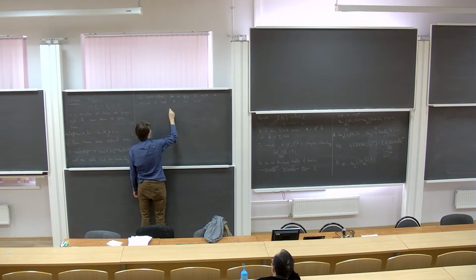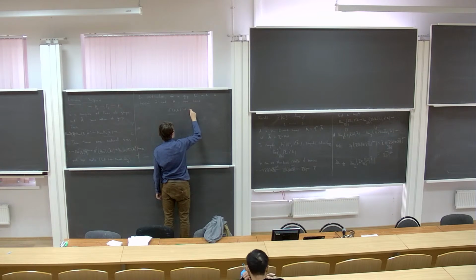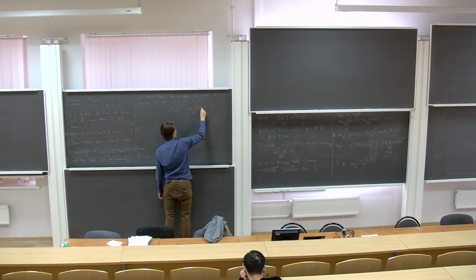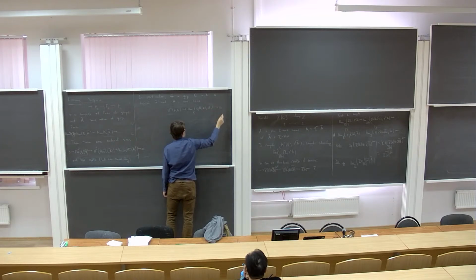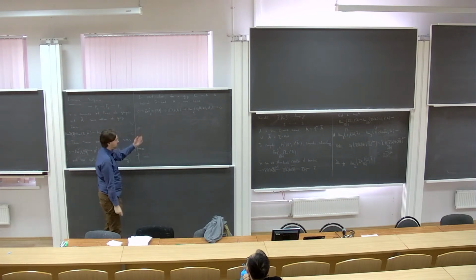We have Hi of G with coefficients in A sits in a short exact sequence, which is Hom, just as abelian groups, from the ith homology of G with trivial coefficients to A. And the kernel of that is Ext1 of abelian groups from Hi minus 1 of G to A, like that. And this splits, but non-canonically.